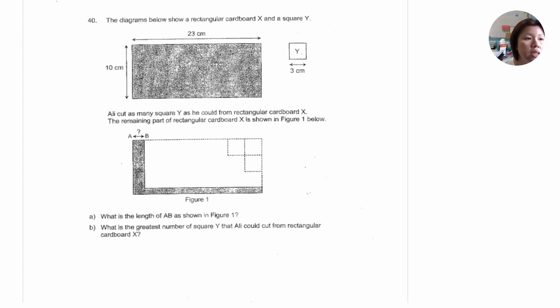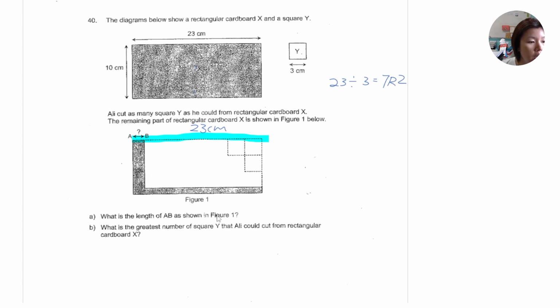As we can see here, this length is actually equal to 23 cm. And each time I cut is actually 3. So I can take 23 divided by 3, which will give me 7 remainder 2.